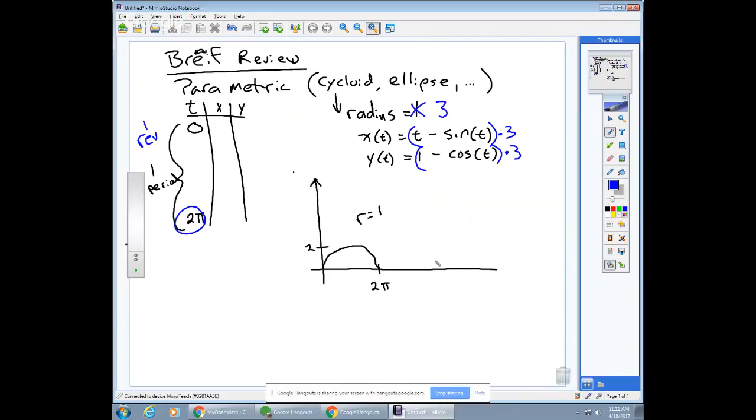Let's see, what are we going to get next? If I multiply 2 pi by 3, that's going to be 6 pi, way out here. A circle of radius 3 will have a diameter of what? 6. So if that's 2, this would be about 4, and 6 would be about here. A cycloid from that circle will just be blowing this up 3 times bigger.